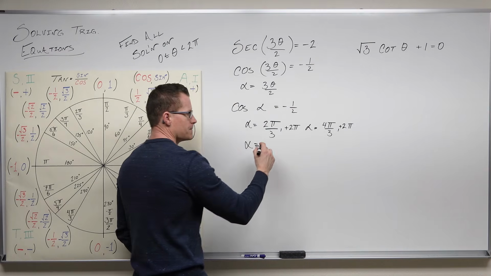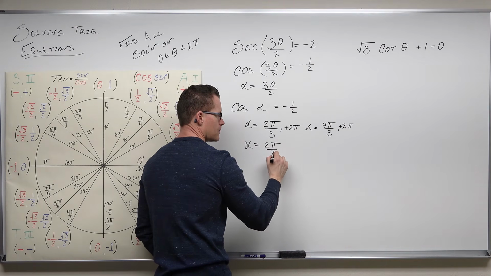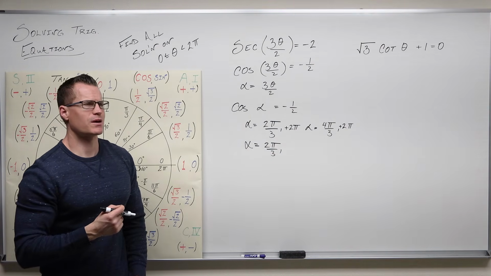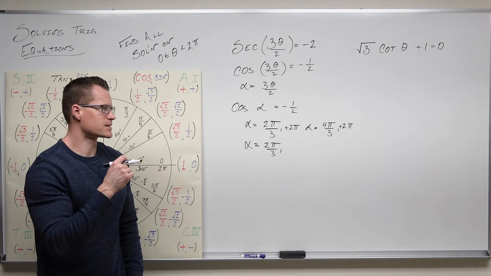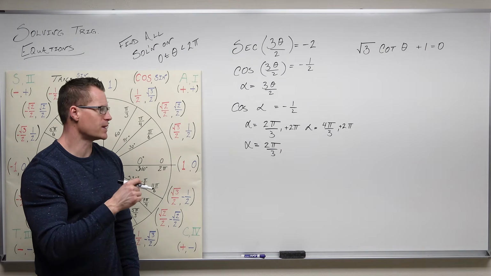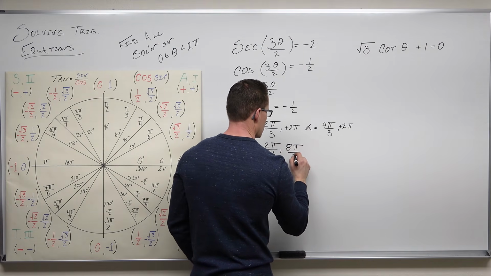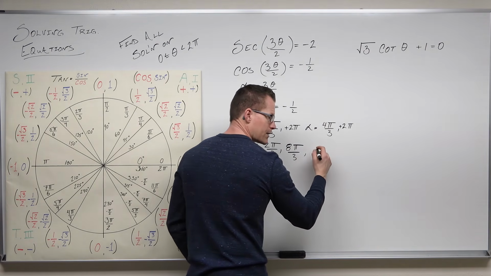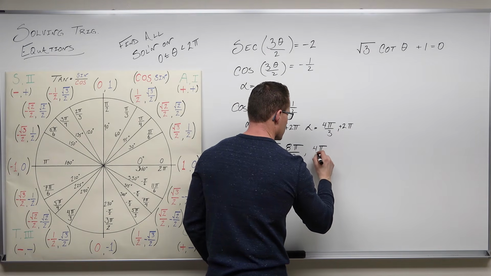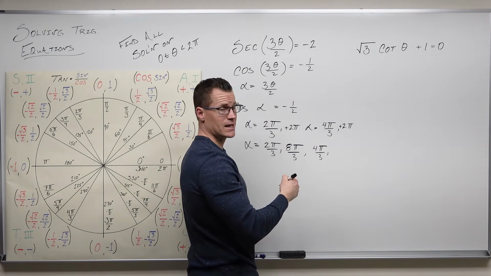So our alpha is going to be 2 pi over 3. Let's see, 2 pi over 3 plus 2 pi, that's 6 pi over 3. That's the same thing as 2 pi. That would be 8 pi over 3. And 4 pi over 3, that would be 10 pi over 3.